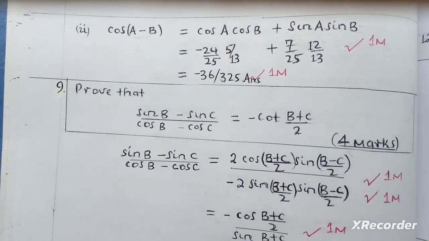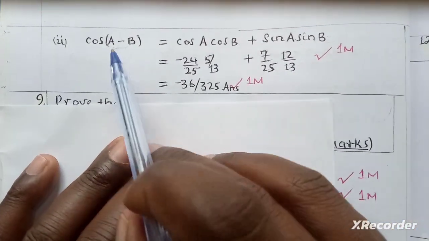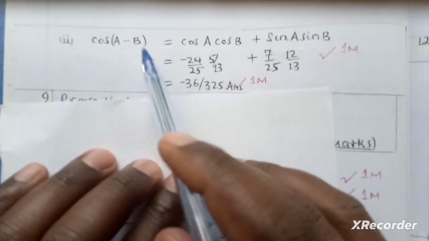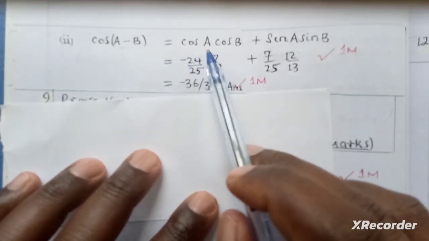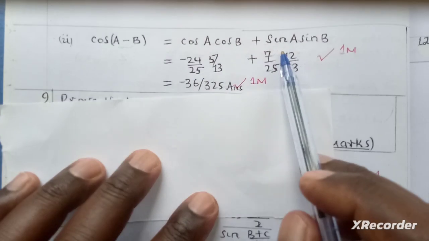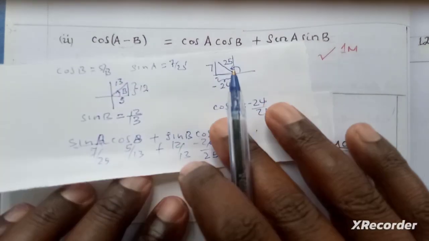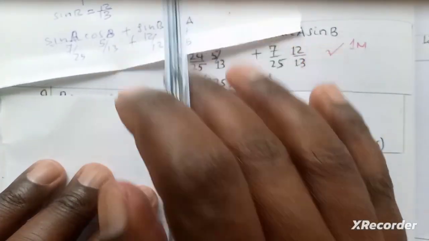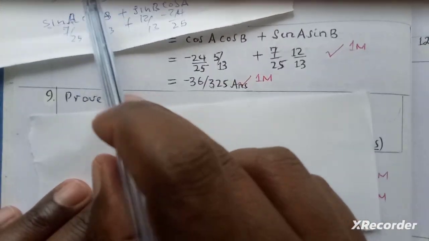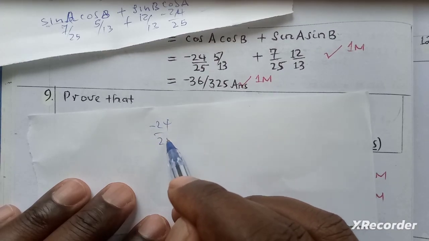Moving to the next page, we have cos A minus B. So you are supposed to expand that. Once you expand that, you will get cos A cos B plus sin A sin B. And you use the same way we have done. Our cos A is negative 24 all over 25.